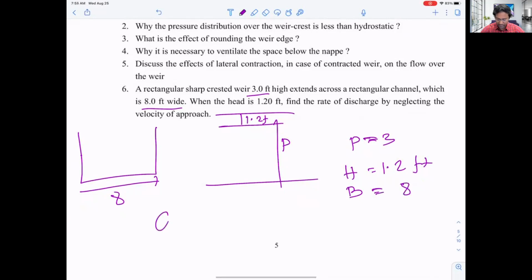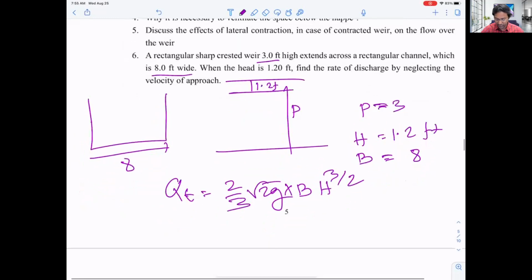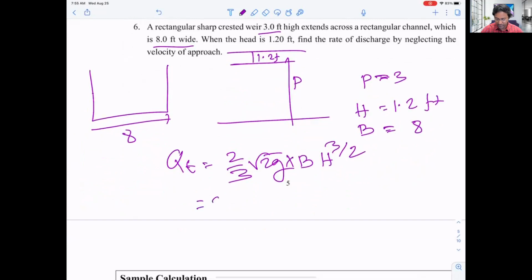So we can quickly apply our equation, 2 over 3 root over 2g, right? And we have b, and we know h to the power 3/2. If we just calculate quickly, 2/3 root over 2 into g, for FPS unit is 32.2, and we know b is 8 here and h is 1.2 to the power 1.5.